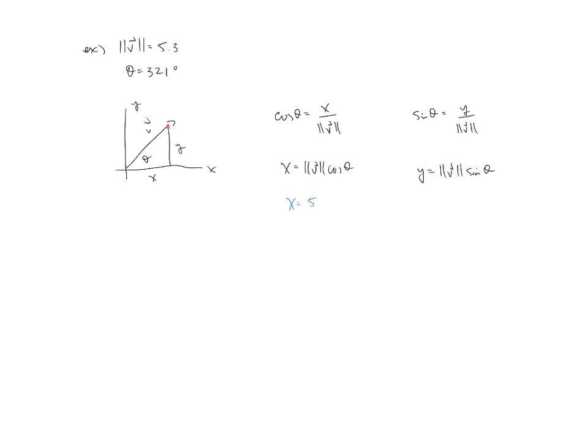The magnitude would be 5.3, cosine of 321 degrees, and once again 5.3, but now sine of 321 degrees. And when we punch this in a calculator, we find out that x equals 4.1, y equals -3.3. So then vector v in component form would be ⟨4.1, -3.3⟩. So again, some basic trigonometry now that we're able to write these vectors in standard position.